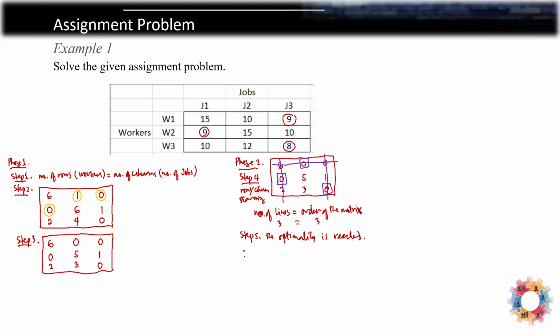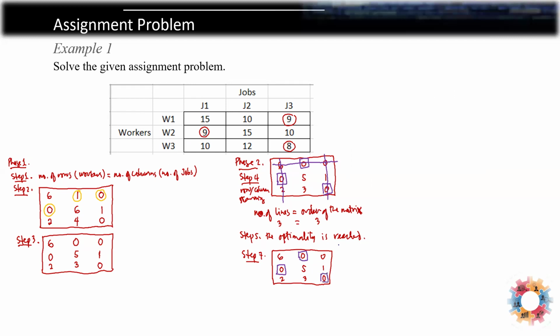In step number 7, we square off those. Let's copy that, and then place a square over the zeros, similar to what we did in step number 4.